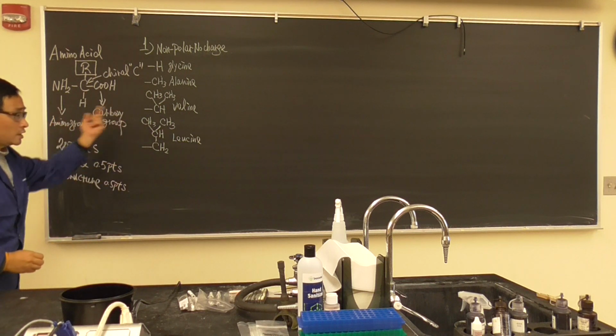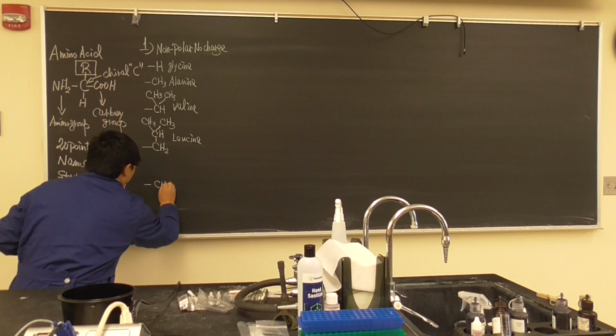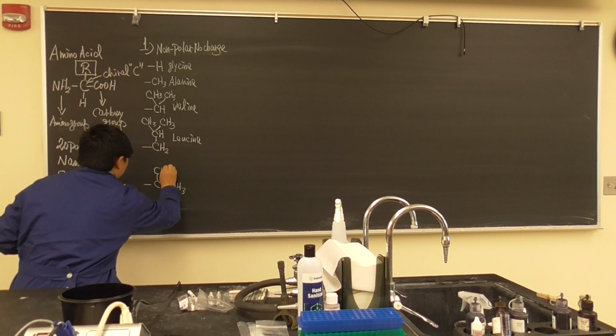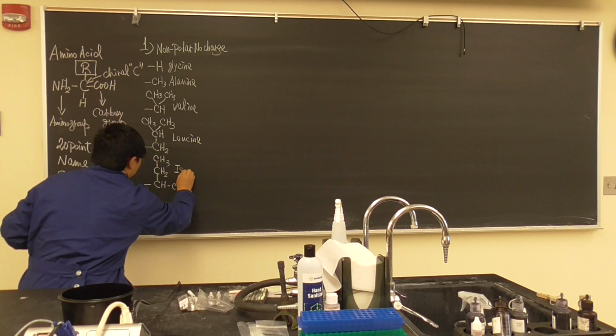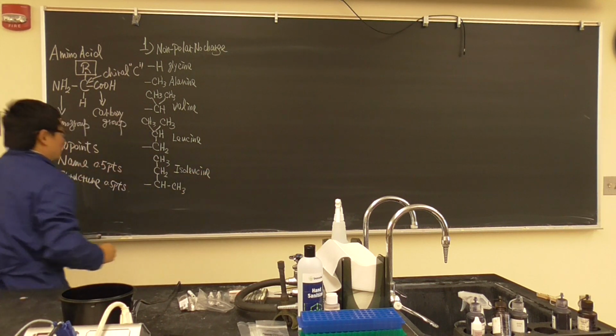Then move the methyl group down, so we have CH, CH3, and on the top CH2, CH3. This is isoleucine. You can write ILE.